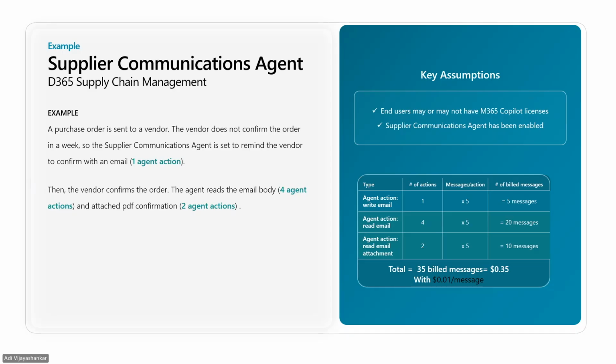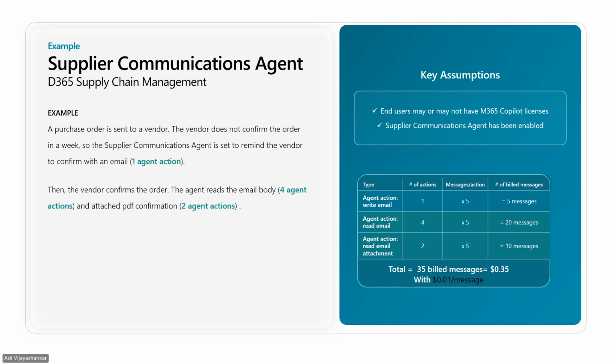Now, if there's an email to be read, for reading that email the agent uses 4 actions. Each action is 5 messages, so that becomes 20 messages, 20 units of Copilot Studio that will be consumed, just for reading that email, the body and the header, of course.